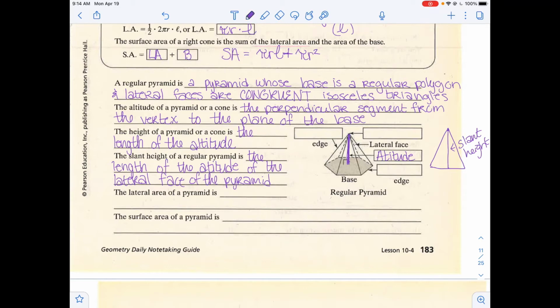The lateral area of the pyramid is the sum of the areas of the congruent lateral faces.